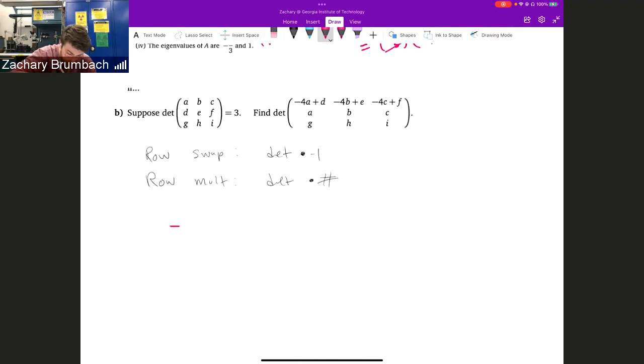So essentially how it works is I go from rows (A, B, C), (D, E, F), (G, H, I), and I multiply by -4, or actually, I'm going to swap rows first. So I'm going to do (D, E, F), (A, B, C), (G, H, I), okay?